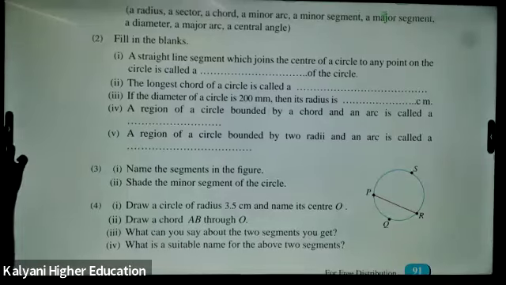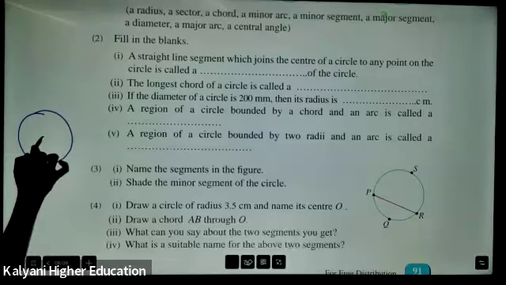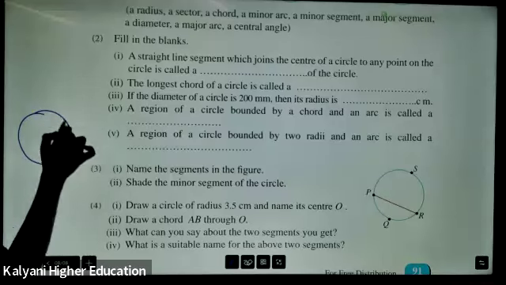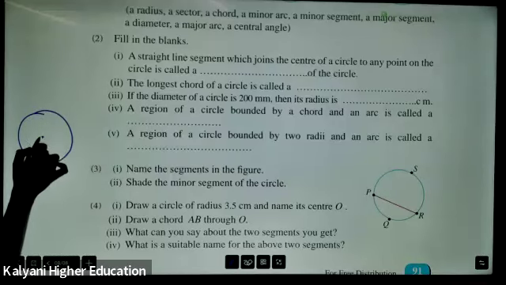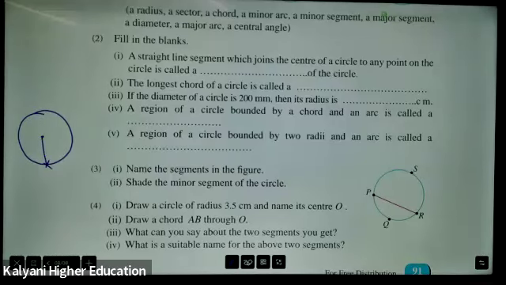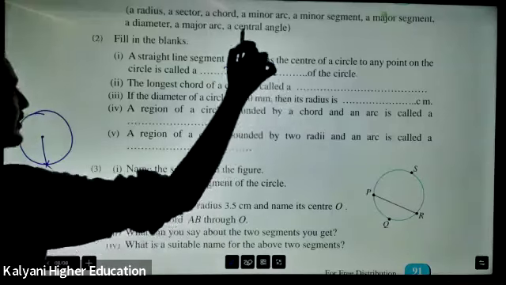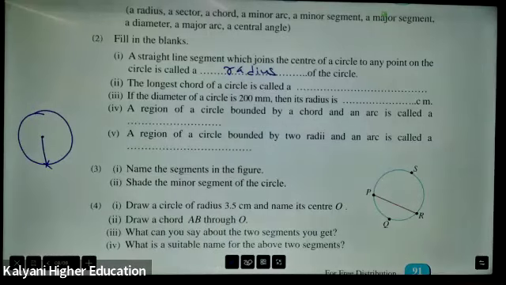That means here you have a circle. From the center to any point on the circumference, I'll mark it. If I join these two, what is the name of that line segment? Radius. We call that the radius of the circle. Understood?